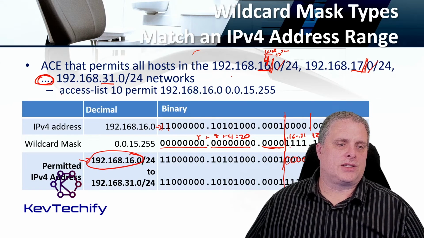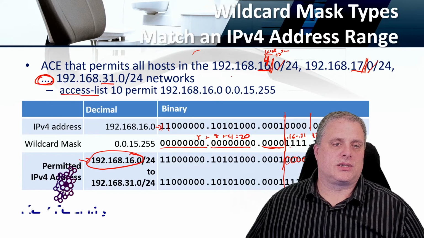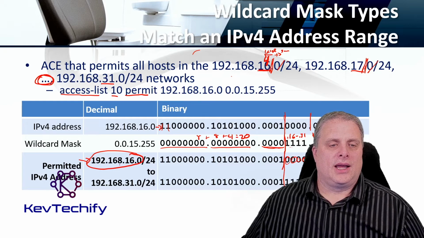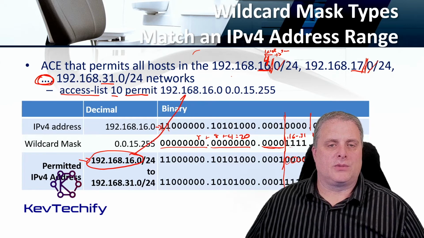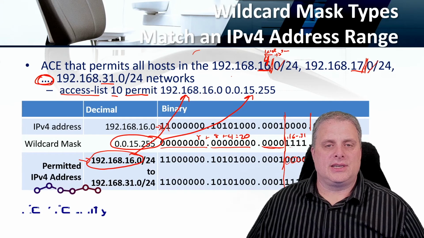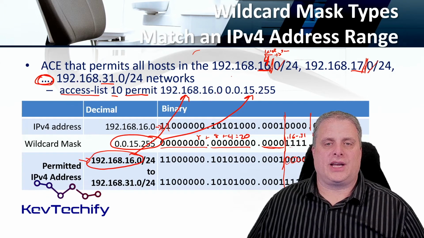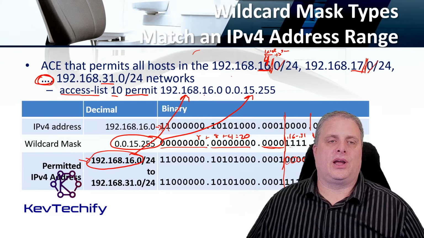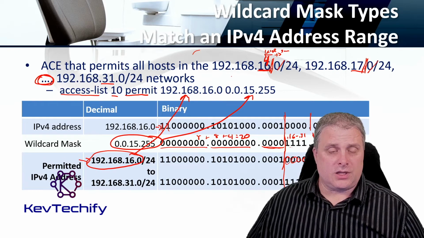So we start off our access control list with the keyword access list, then what number it is, we're permitting again, and then this first network here comes up to here, because when we put our calculated wildcard mask in here, this network address is going to cover .16.0 all the way up to .31.254.